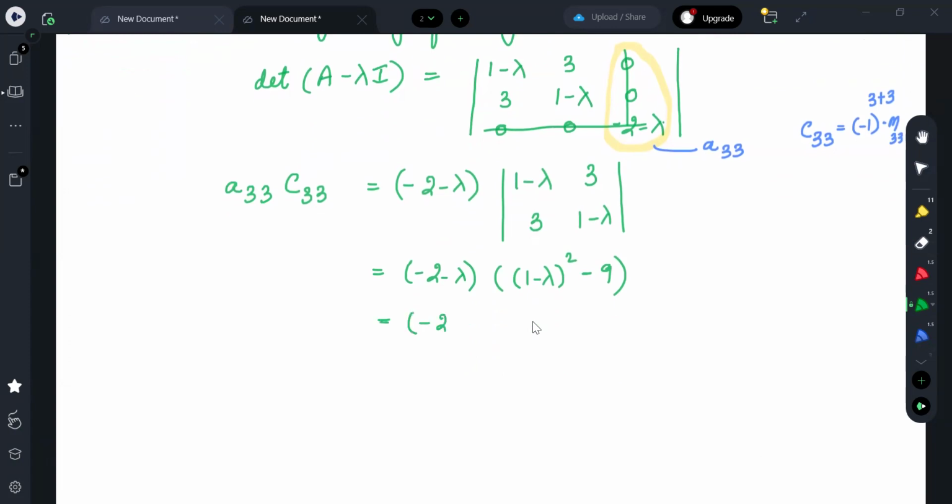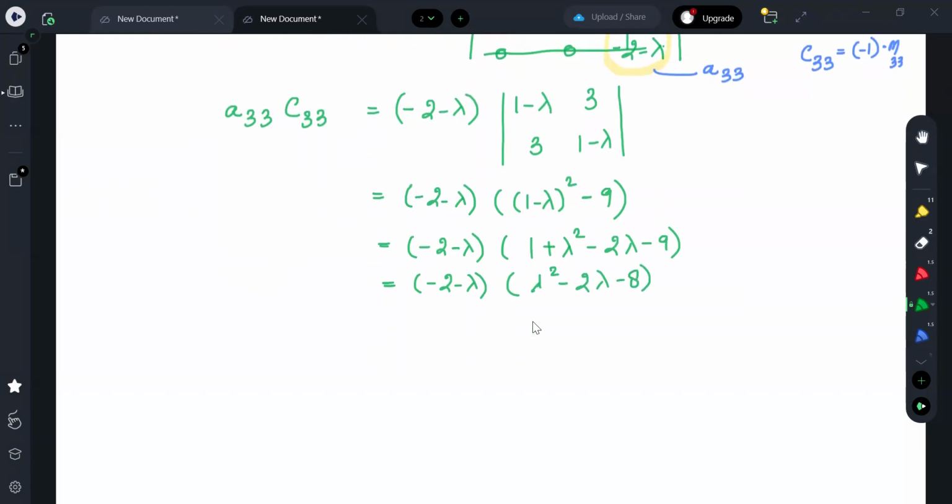So what do you get? -2 minus lambda times (1 plus lambda squared, minus 2 lambda, minus 9), which is equal to -2 minus lambda times (lambda squared, minus 2 lambda, minus 8). I try to factor this, split the middle term, or you can use the quadratic formula, and you'll get lambda minus 4, lambda plus 2 as two factors.